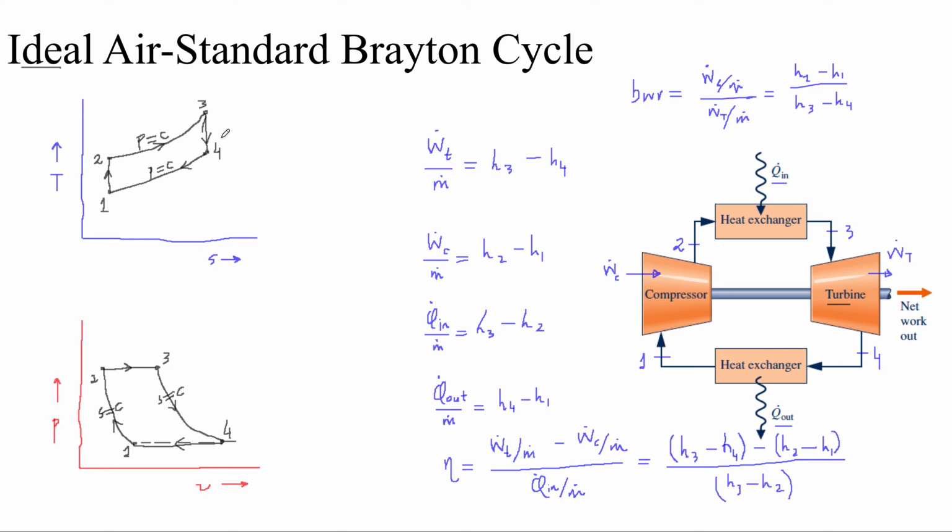An important point to note here, I was asked this question a while ago: why do we prefer this 3 to 4 line to be a vertical line and not, let's say, of this form? The reason for that, if I had not explained it properly, is that for an ideal cycle, we want all the processes in that cycle to be reversible. When we move on this line, if let's say this was 3 to 4 dash, for example, the entropy has increased for that process.